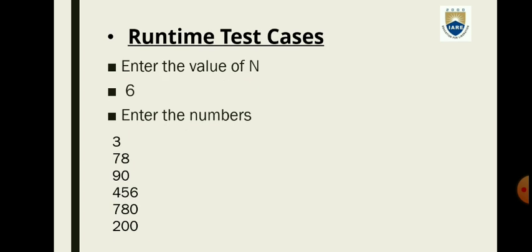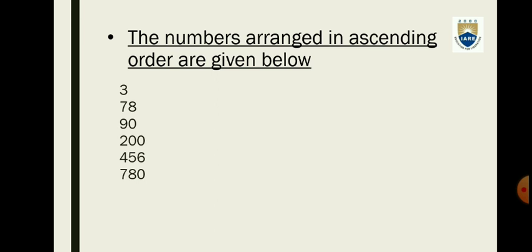That is the runtime test case: enter the value of n, that is 6, enter the numbers, that is 3, 78, 90, 456, 780, 200. The numbers arranged in ascending order are given below: 3, 78, 90, 200, 456, 780.